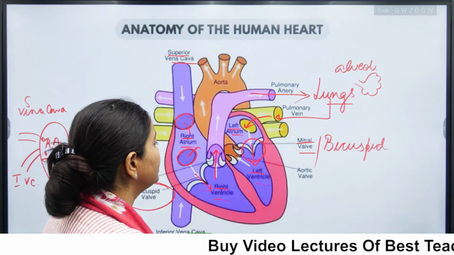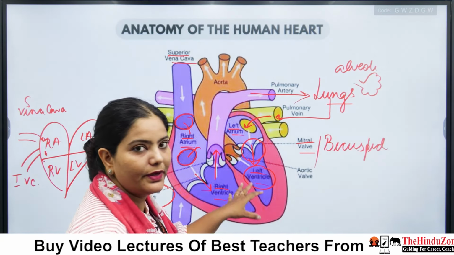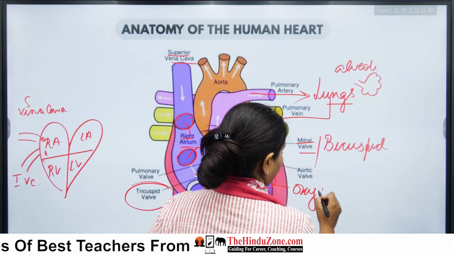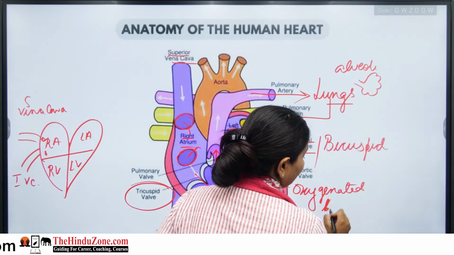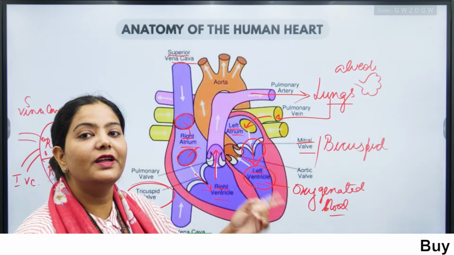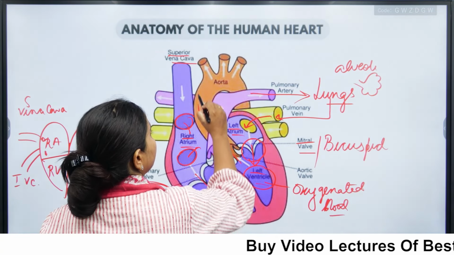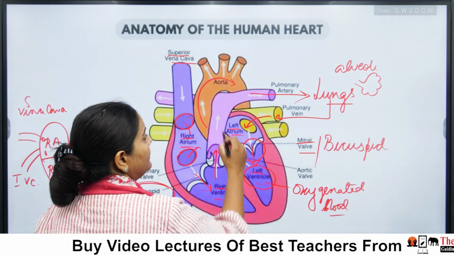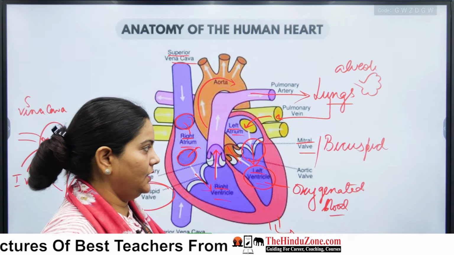Now you can notice that this left ventricle is now filled with oxygenated blood, and this oxygenated blood is ready to be supplied to the rest of the body. So yes, here is the aorta, and through the aortic valve the blood will be pumped to the rest of the body.